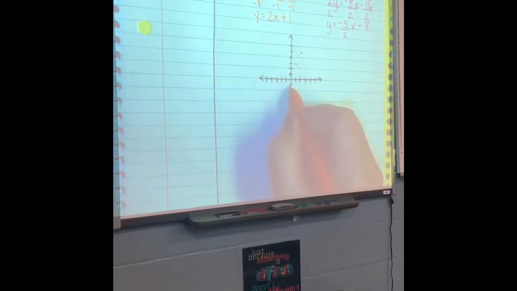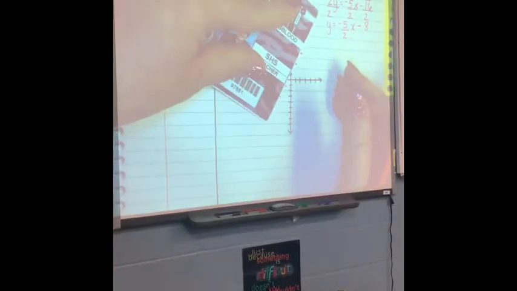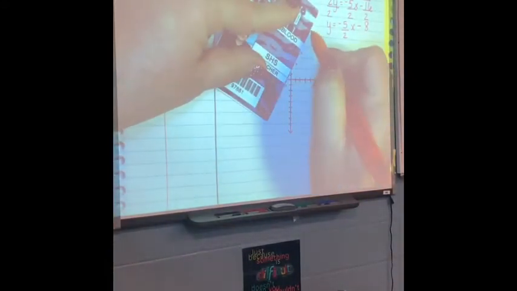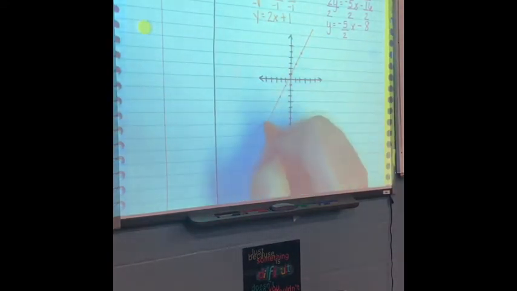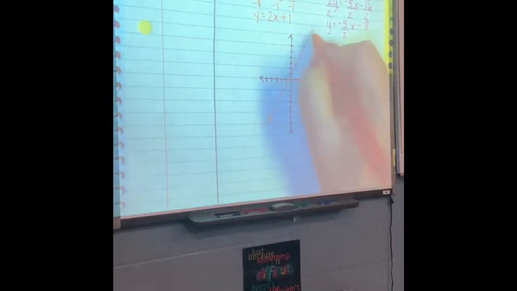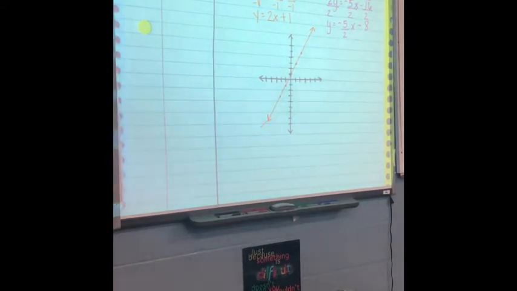I can go down 2 and to the left 1, or I can go up 2 and to the right 1. Once you've gone across your graph, may I recommend a nice long line here, because you don't know where the other one's going. You want to make sure that you capture everything it might run into.